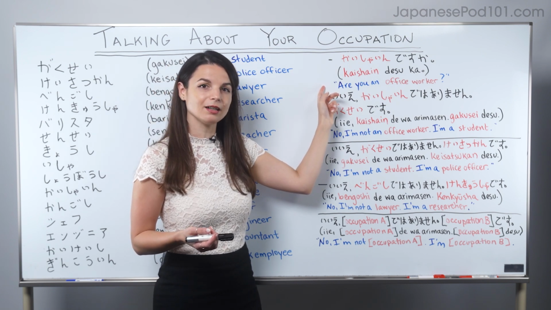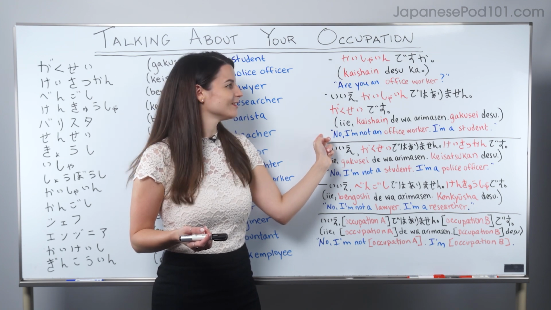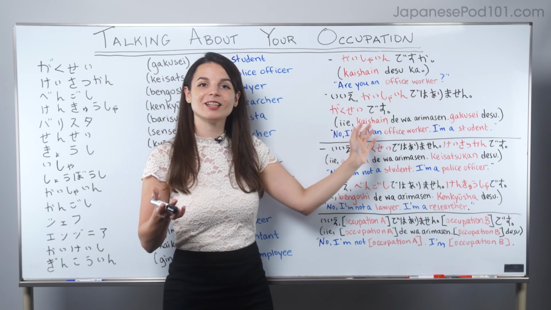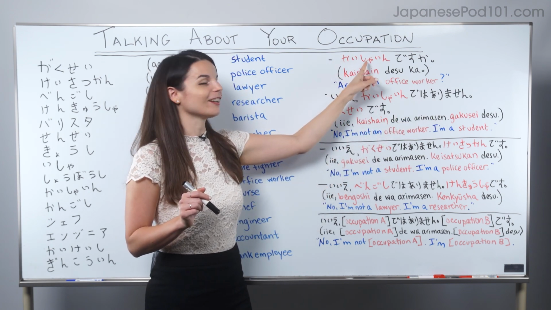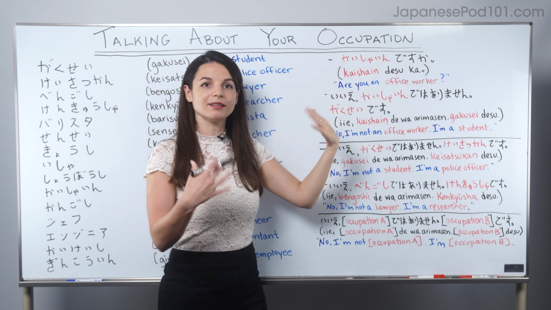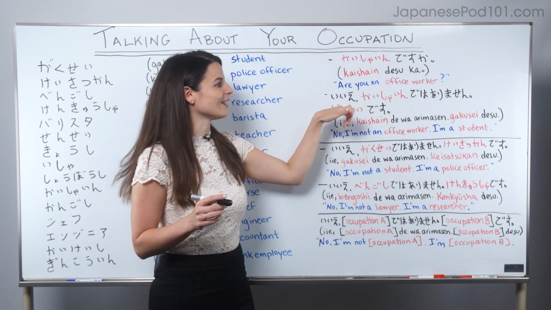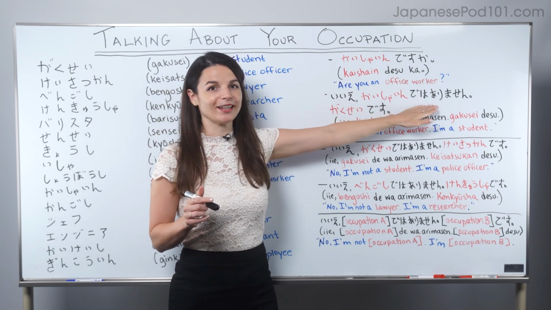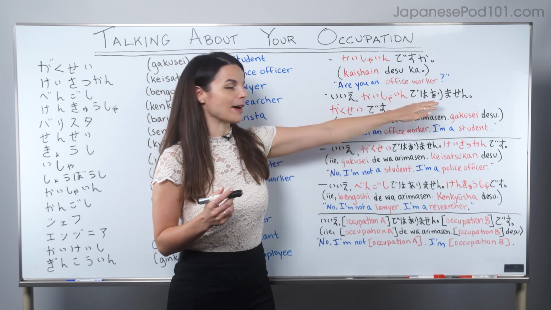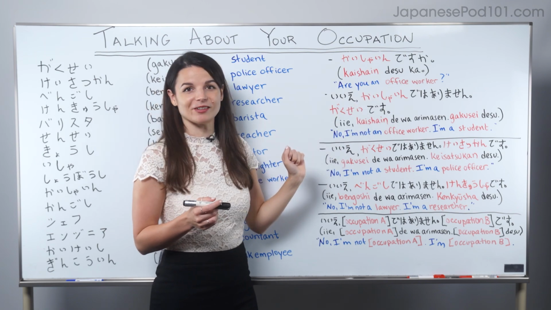No, I'm not an office worker. I'm a student. Let's break this down. 会社員 here in the question means office worker. Plus we have ですか, which means are you in this case. Are you an office worker? We follow this with no. いいえ、会社員ではありません。This is a polite way to say I am not that thing. No, I'm not an office worker. 学生です。I'm a student.